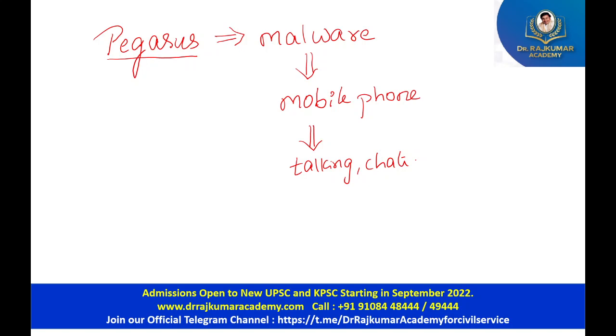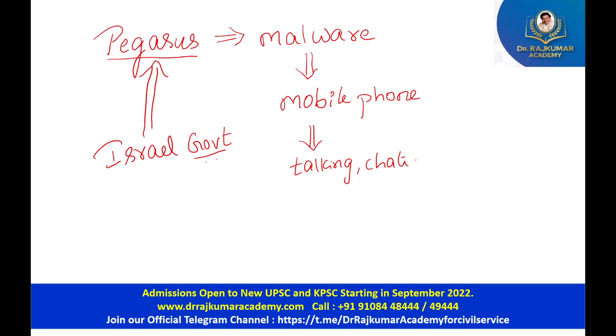Now normally phones get hacked, even my phone got hacked, it's a common thing. But why is this an important issue is what we need to see. Now this is actually done by a company which is associated with the Israel government. Fine. So this is done by a company which is associated with the Israel government.